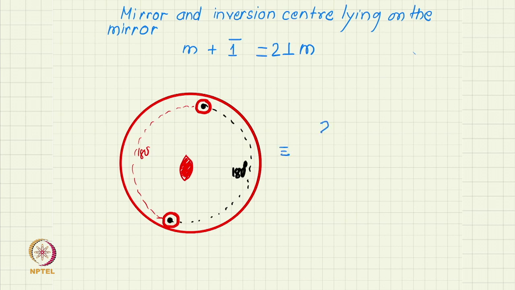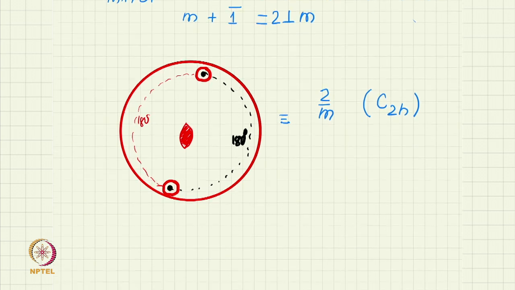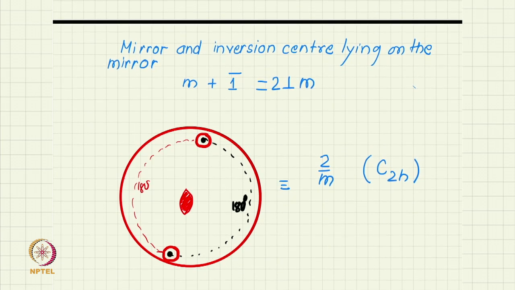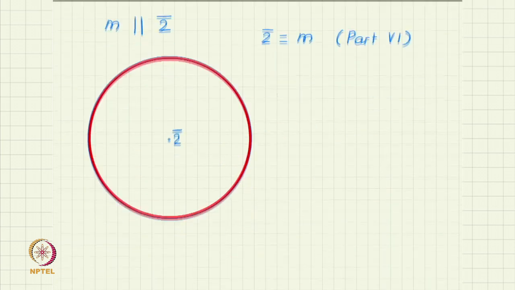The point group, as you can see, has a two-fold perpendicular to m. So, this is what will be called point group 2 by m, or in Schoenflies notation C2 with a horizontal mirror. That is nothing new, we have done that, but we have now obtained the same thing by combination of a mirror plane and a center of inversion.